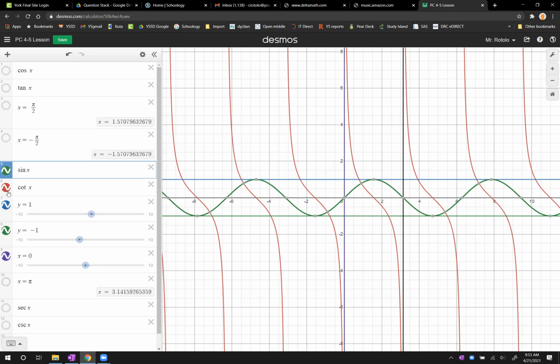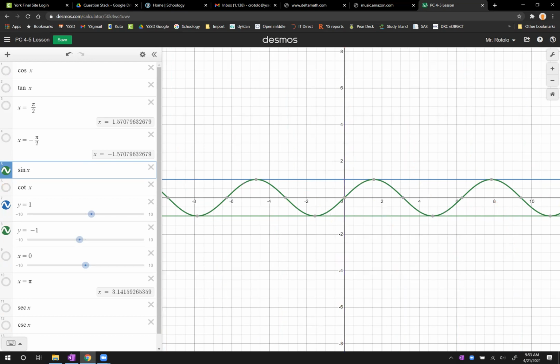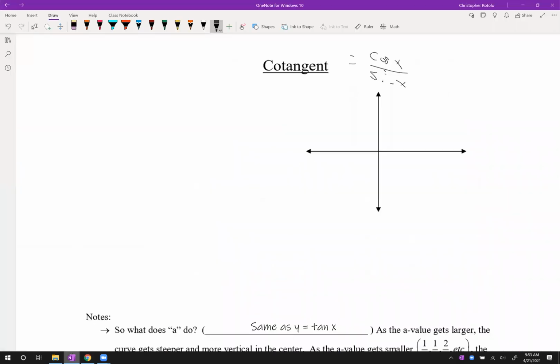Let me get tangent or cotangent out of the way. Okay, so sine's on the bottom. So that's what we want to graph first as we deal with our graph. So 1, negative 1. We're dealing with sine. It's on the bottom. 1, 2, 3, 4. 2 pi, pi.